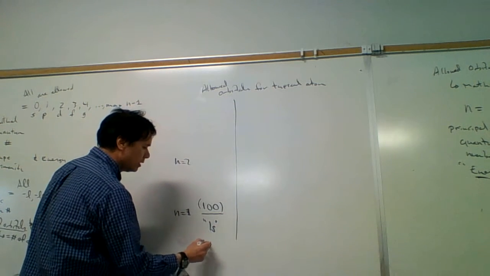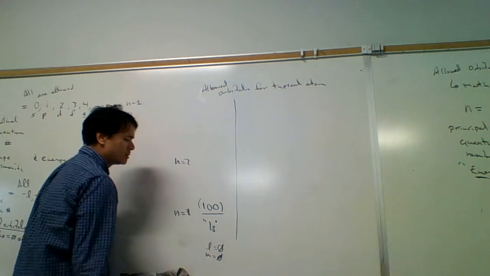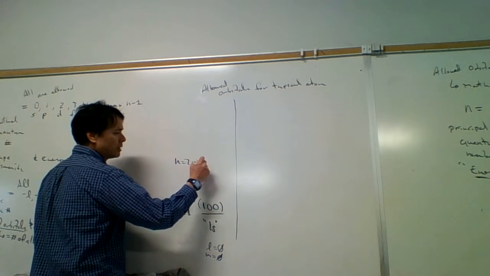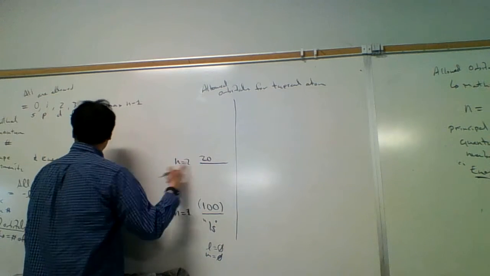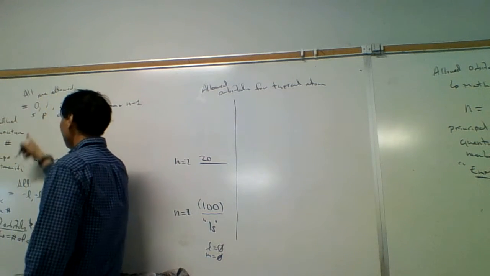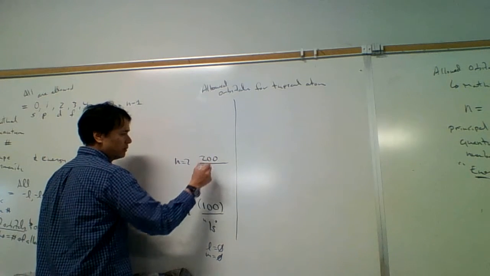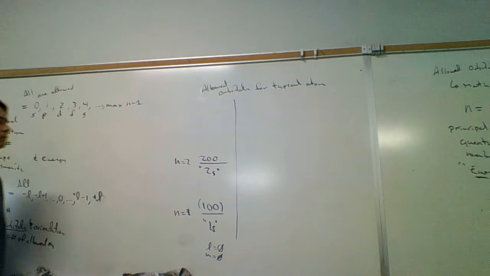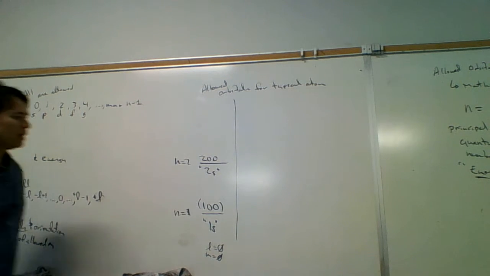I'm going to call this L equals 0. When L equals 0, I only have one M value that's allowed, and that's M is equal to 0. And so 2, 0, 0 is allowed. So this is my 2s orbital. And so 2s orbital is allowed. But I'm allowed one more L value. The one more L value is L equals 1.